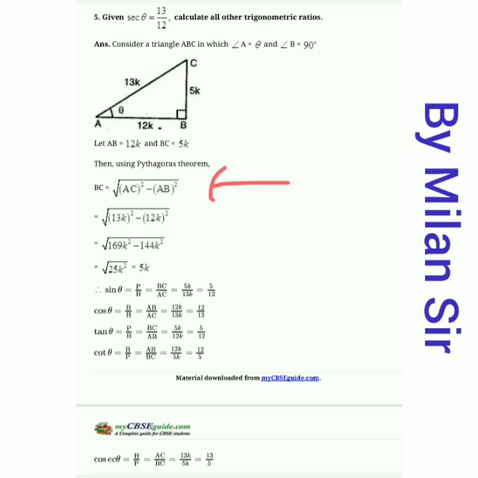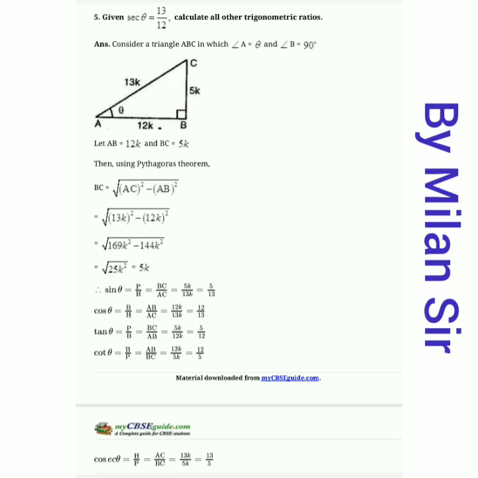Now put the value of AC, it's 13k, and the value of AB, it's 12k. Now 13 square is 169k square, 12k square is 144k square, and subtract it, 169 minus 144, so 25k square, and the square root of 25k square is equal to 5k. So our third side BC is equal to 5k.